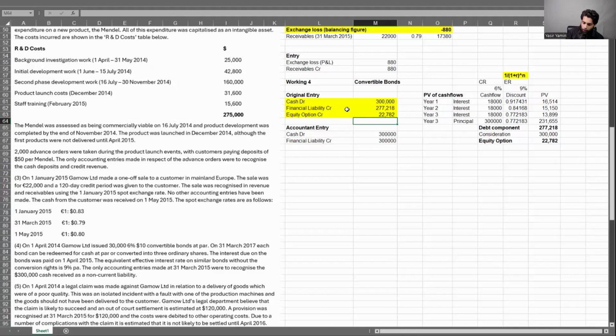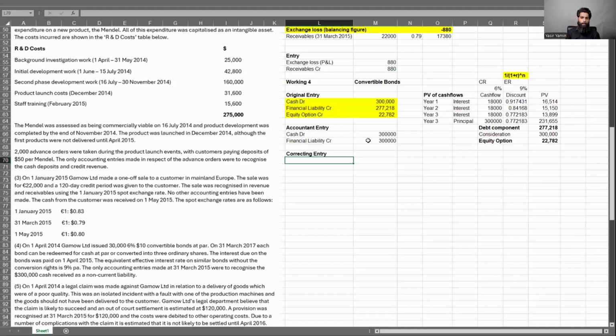Guys, Ansh, you tell me, this should have been the accounting entry, whereas the accountant classified everything as a non-current liability, everything as a financial liability. Certainly, this is not the correct pattern. There must be a correcting entry. Can anybody tell me what should be the correcting entry in this scenario?